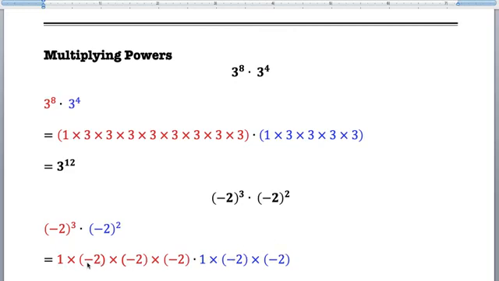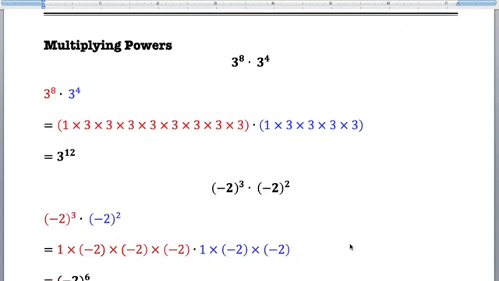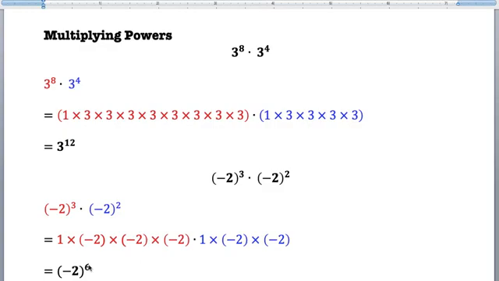So in total, we have 1 times negative 2 multiplied by itself 1, 2, 3, 4, 5 times. That's how we arrive at our answer. Oh, this is the wrong number here. Negative 2 to the 5th power, because there were 5 of those negative 2's.